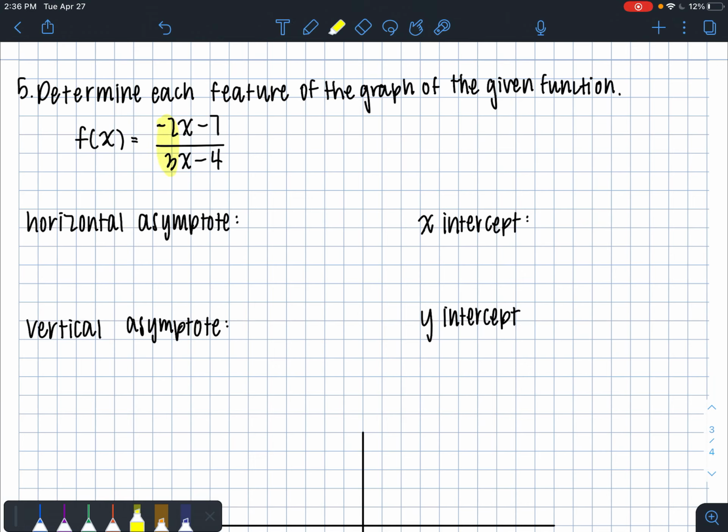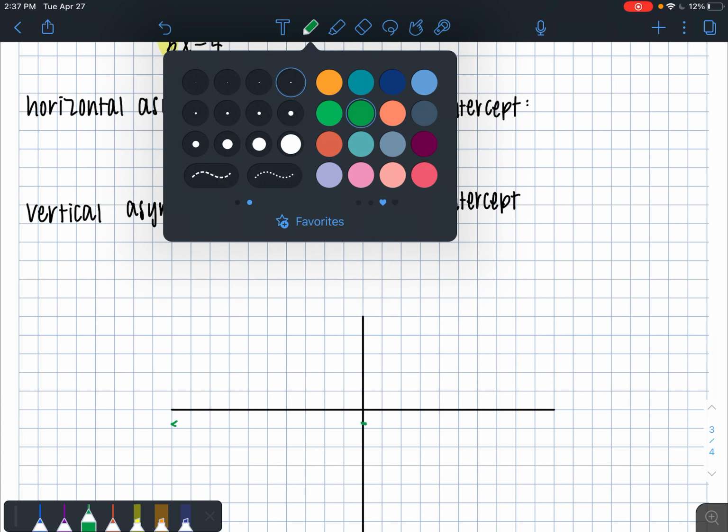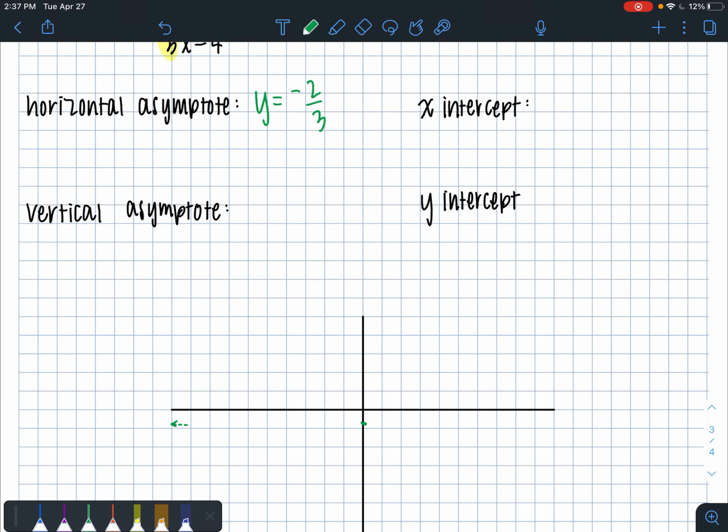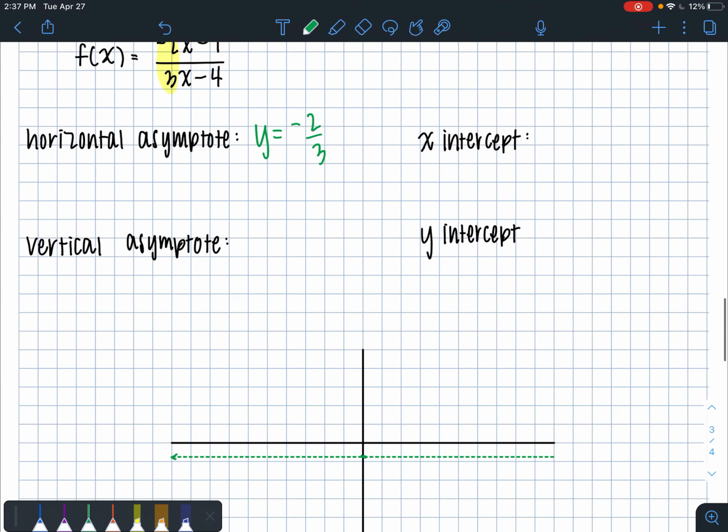They are both 1, so y equals negative 2 over 3. So that is a line. I'm going to graph negative 2 over 3, just like right here, that horizontal asymptote, and I'm going to make it a dotted line. Okay, so there's my horizontal asymptote, and I'm going to label it as such.